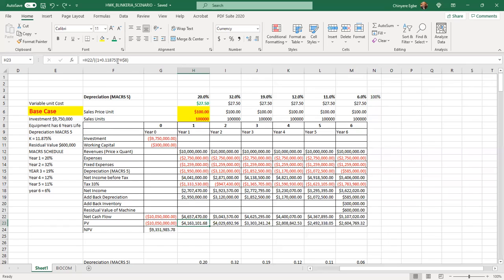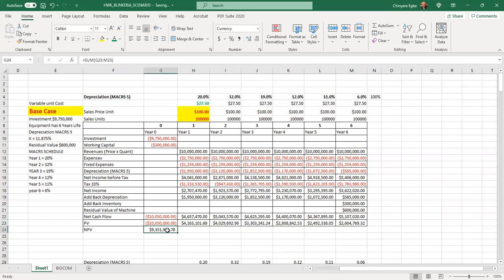Okay, so you have your cost of capital, and the location is 8. And of course, you move from H to I to J. Okay, and you can drag that along.